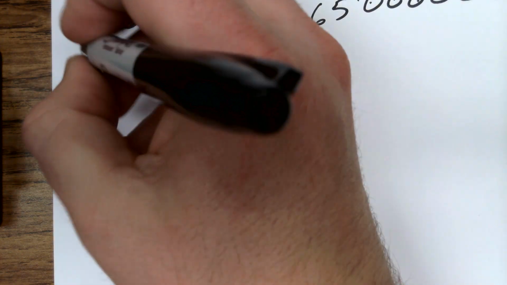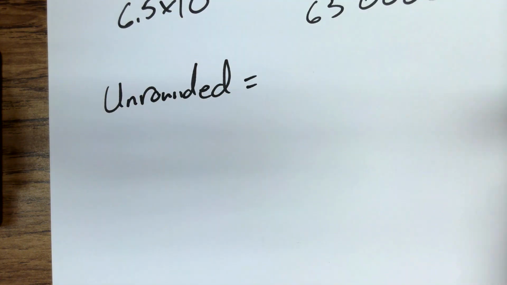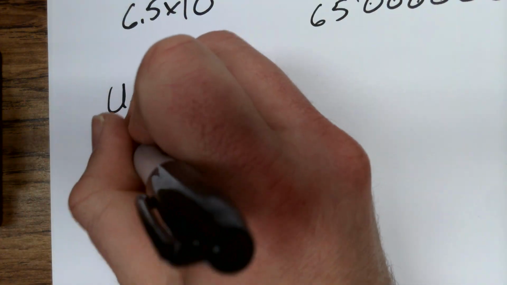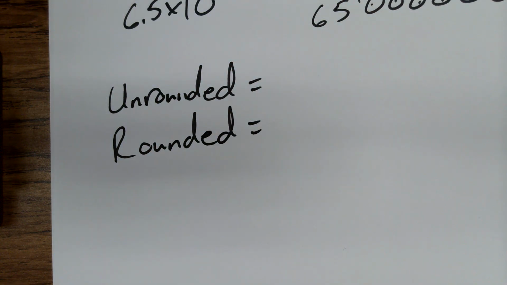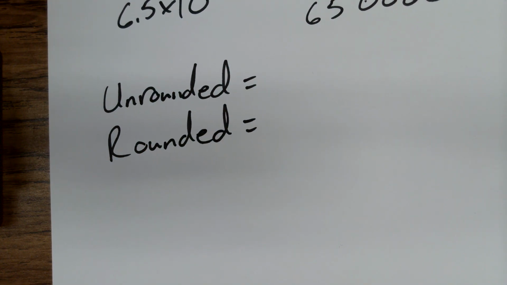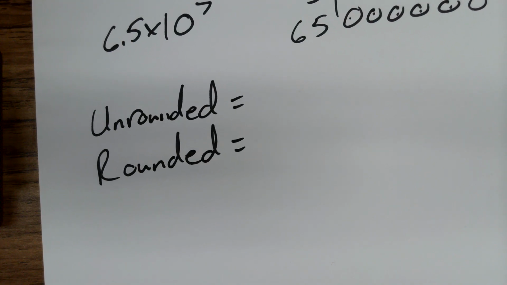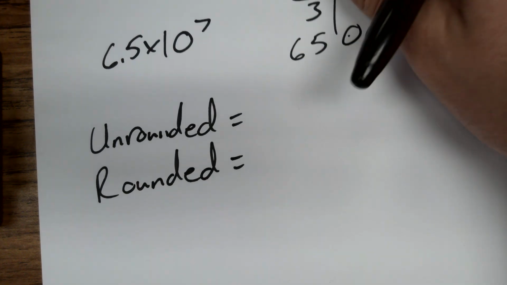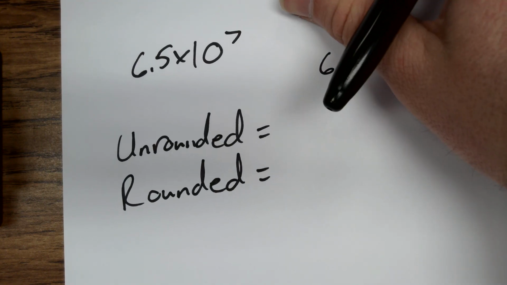I want you to write the unrounded answer, so that's what you get straight from the calculator, and I want you to write the rounded answer underneath it. Round that answer if you have to. And while you're doing that, I'm going to go ahead and write it up myself.